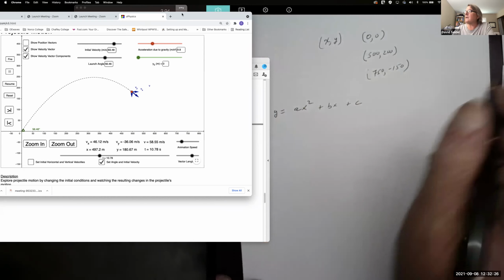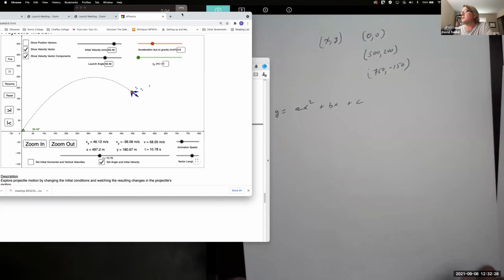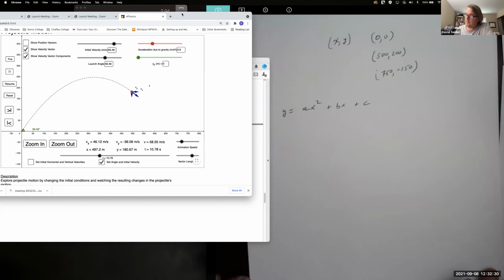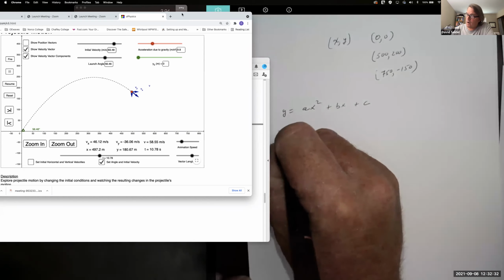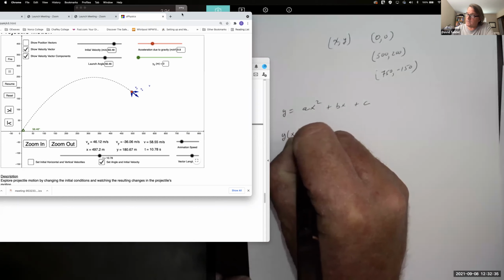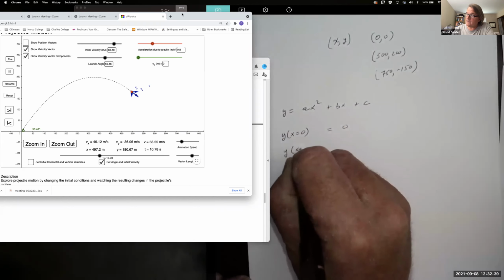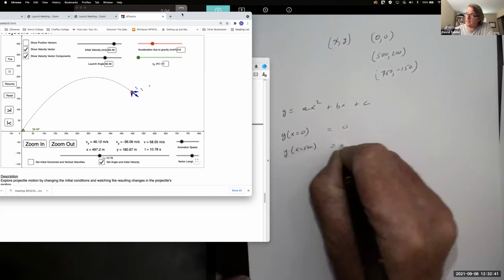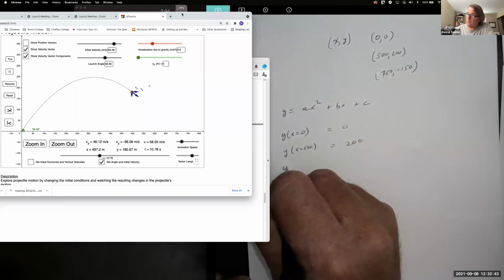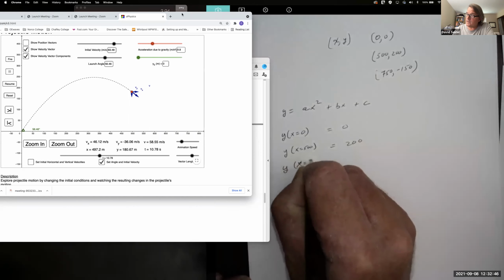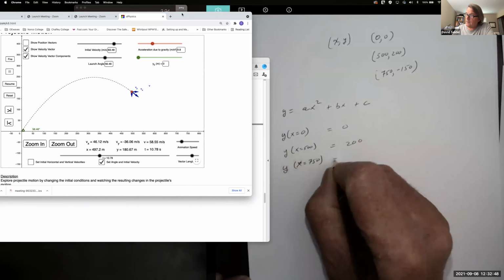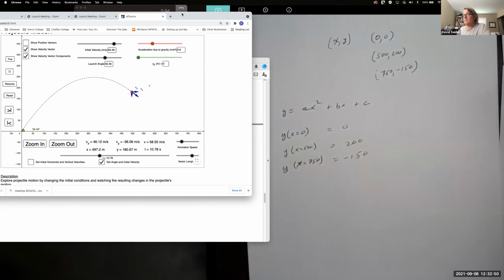I'm not writing that equal to 0. Y of x equal to 0 equals 0. Y of x equal to 500 equals 200. And y of x equal to 750 equals minus 150. Okay, that is the set of equations you have.